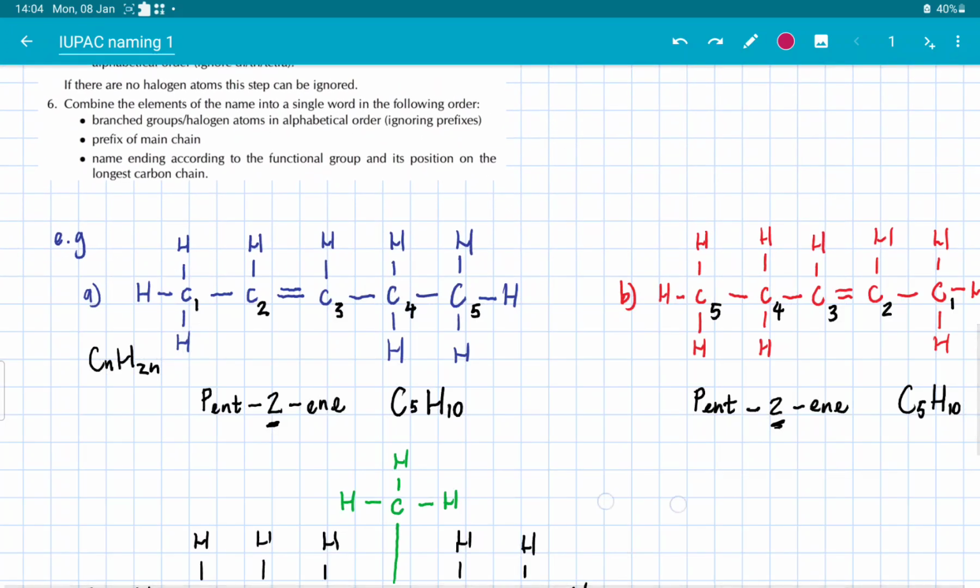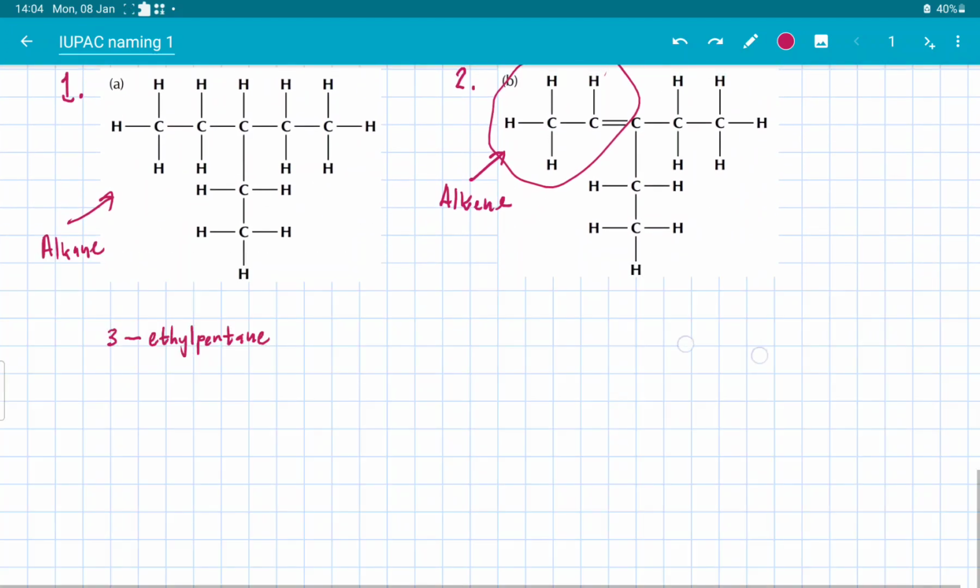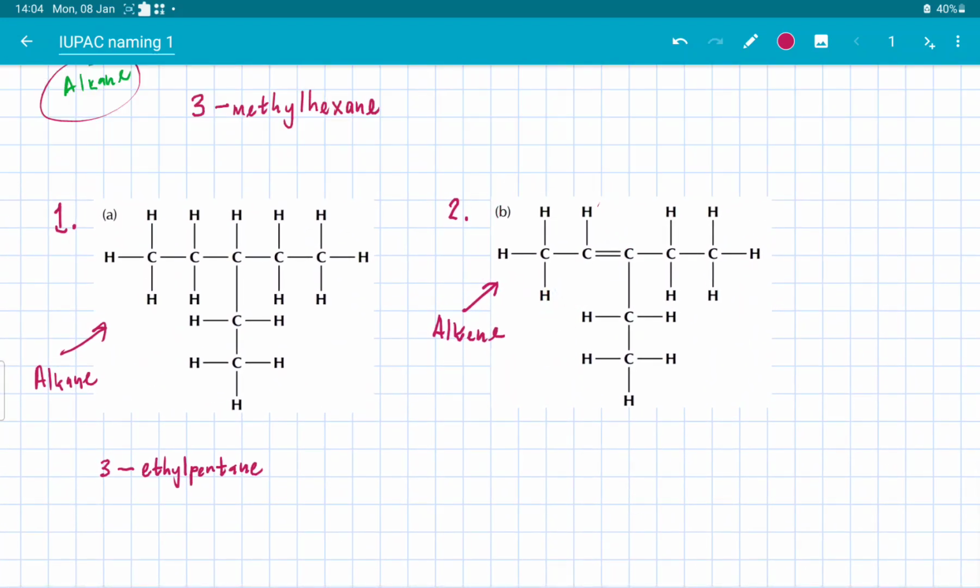So this is where rule 2 applies very importantly. Find the longest continuous chain. But notice that the double bond must be part of that longest continuous chain. Part of the main continuous chain. Now, I have to start such that, if you remember, the functional group is occupying the lowest possible number.